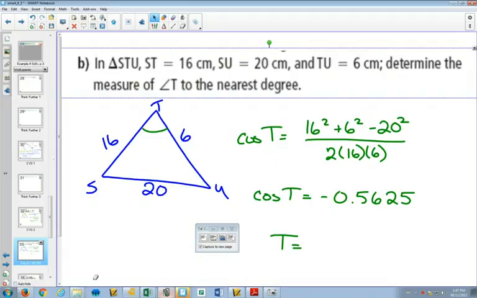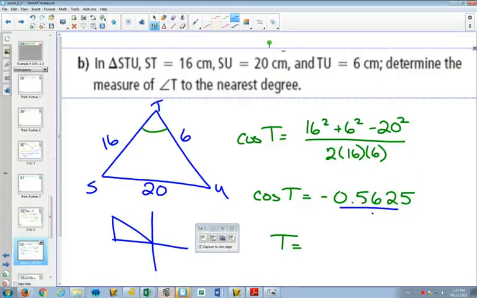Now, if you use the same technique that we did before, you might have drawn a little triangle and imagined something in quadrant 2, made a right angle triangle. Cos is adjacent over hypotenuse. If I made this into a fraction, I could put it over 1. And this is what we did before, and you could draw this out and put 0.5625 as your adjacent side.